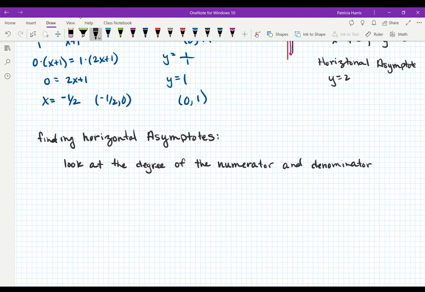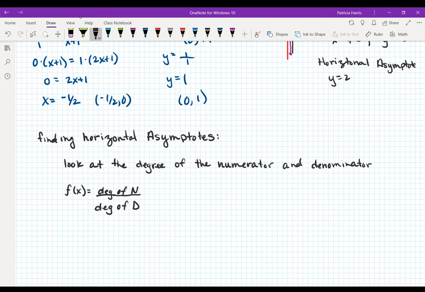Okay, so first case. We'll call it degree of n, degree of d.